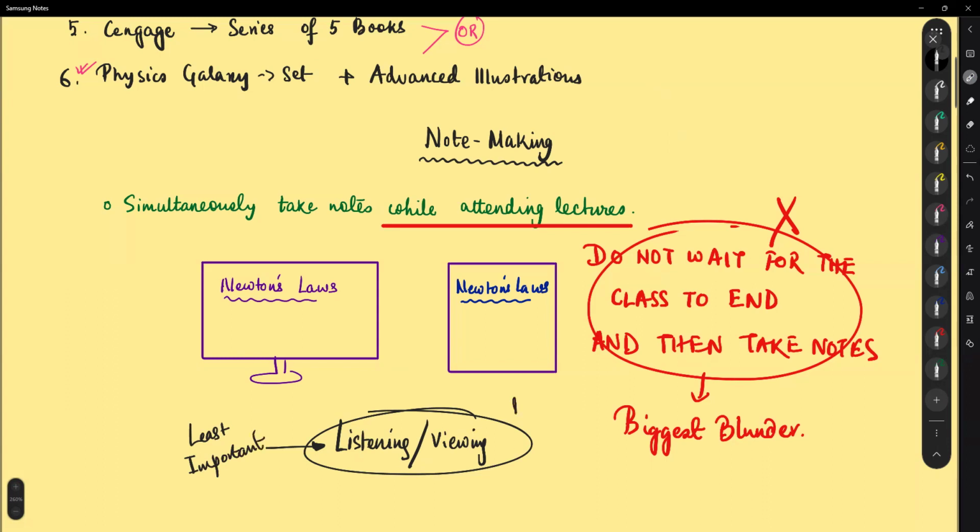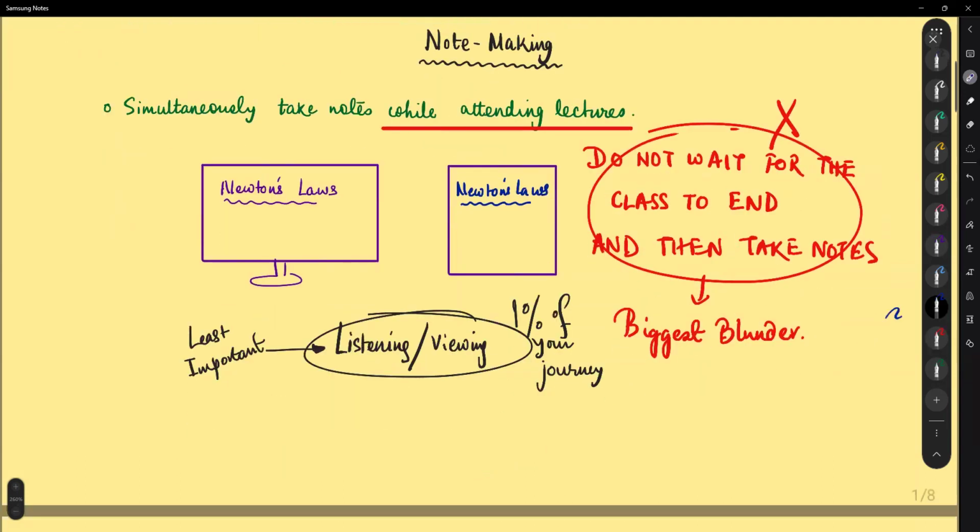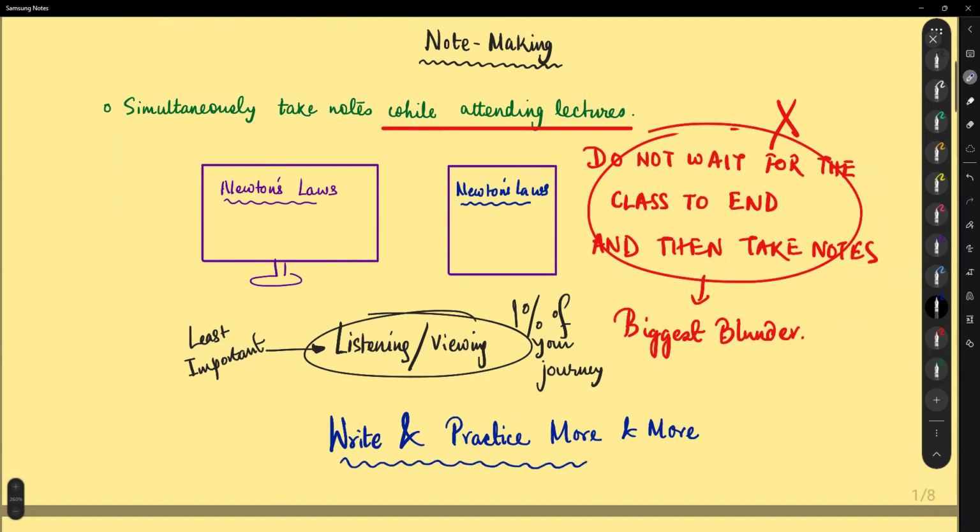It is just 1% of your journey. Okay? What you have to do is write and practice more and more, as much as you can.